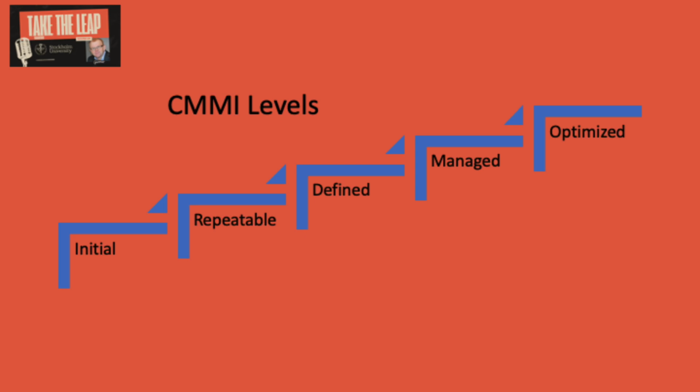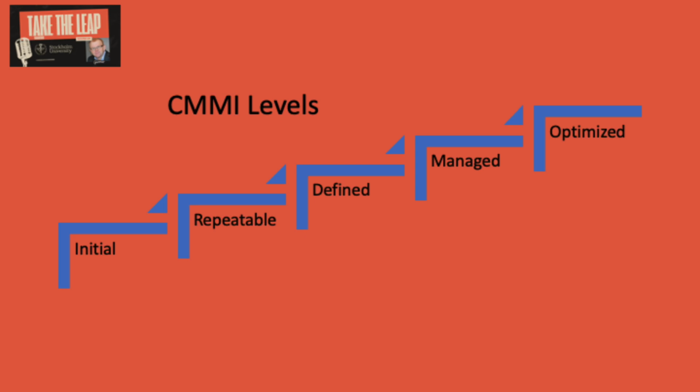Let me give you an example. Imagine a healthcare company that manages dozens of projects at any given time, implementing new technologies, improving patient care, launching new facilities. At the early stages of process maturity, each project might be handled differently, leading to inefficiencies and confusion.